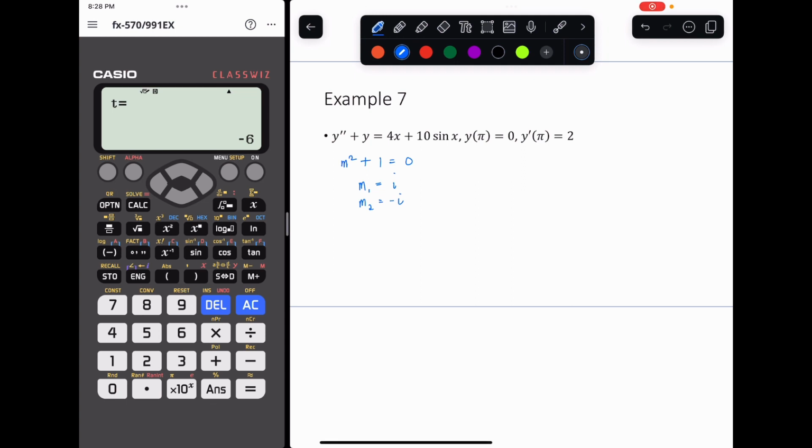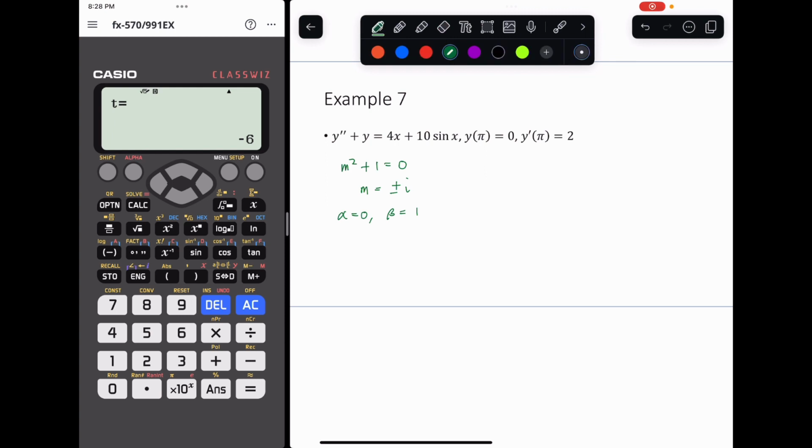So m squared plus 1 is equals to 0, therefore m is equivalent to positive and negative i, giving us alpha to be 0 and beta to be positive 1.